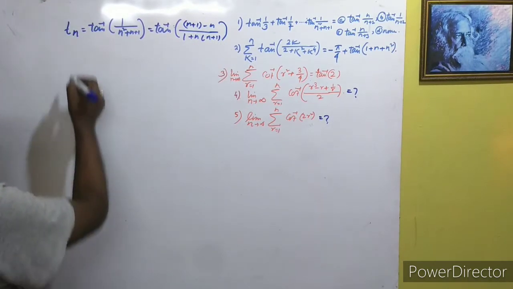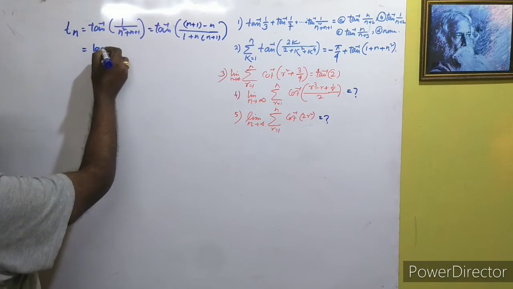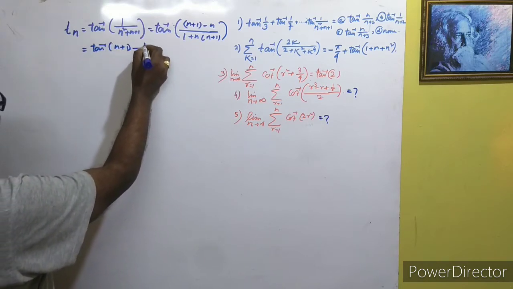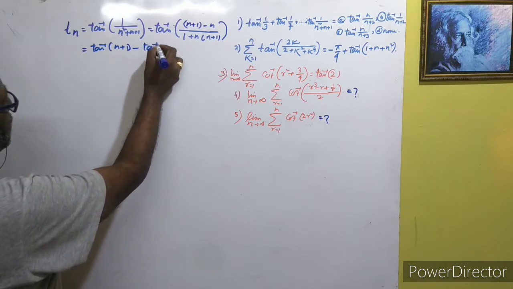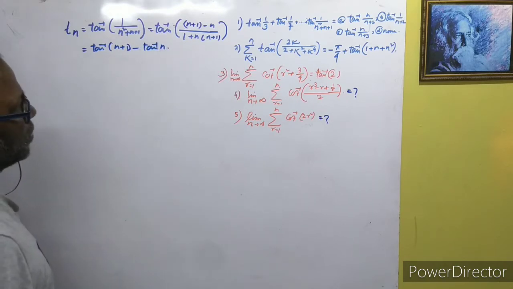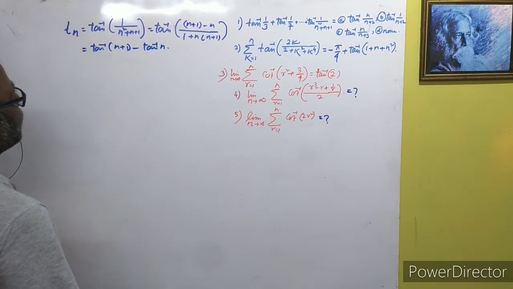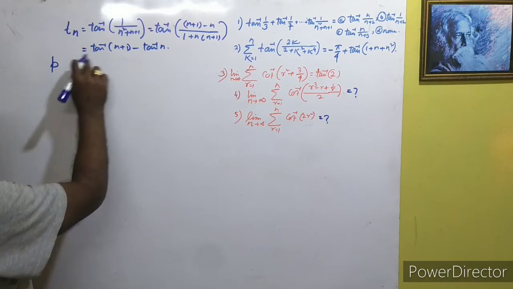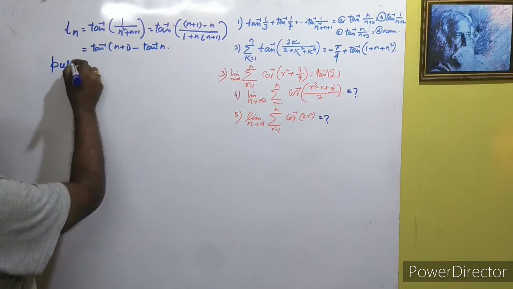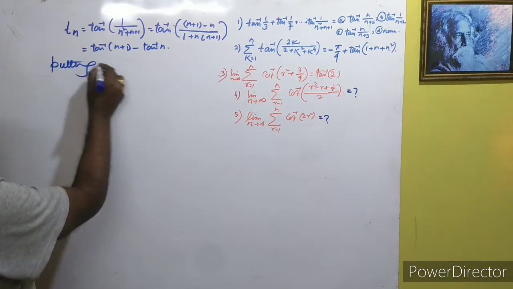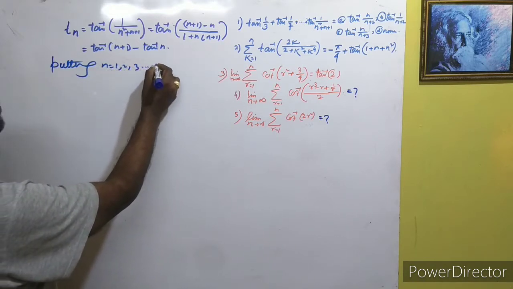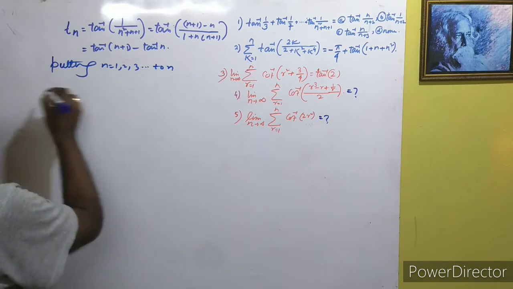So this is equal to tan inverse of n plus 1 minus tan inverse of n. Putting n equal to 1, 2, 3 up to n.